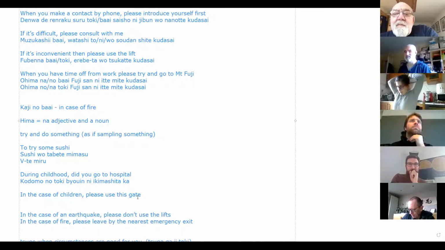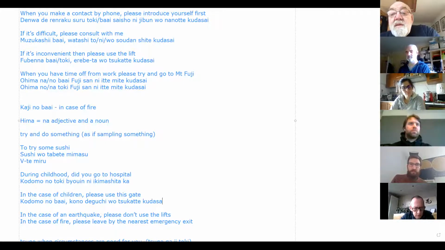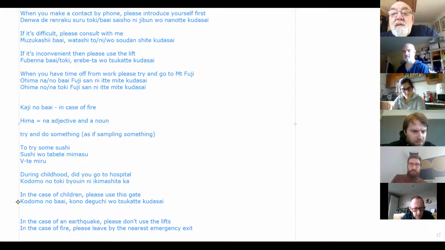In the case of children, please use this gate. 子供の場合、この出口を使ってください。 Excellent.